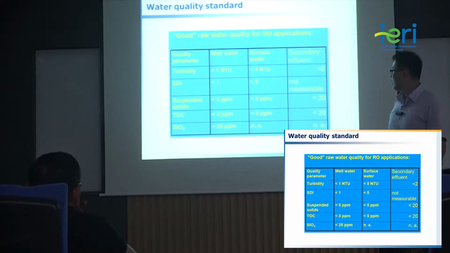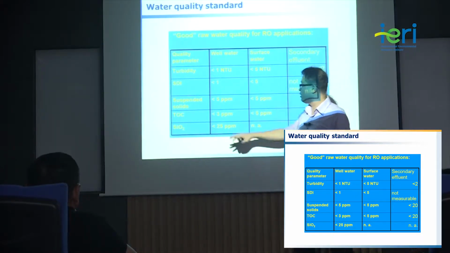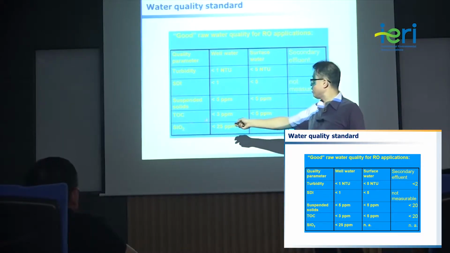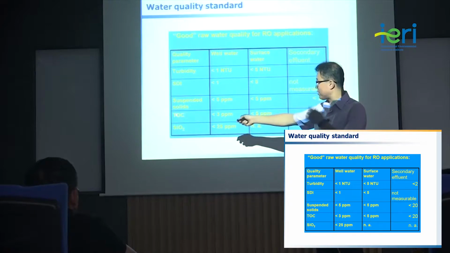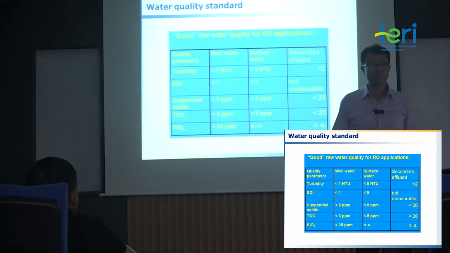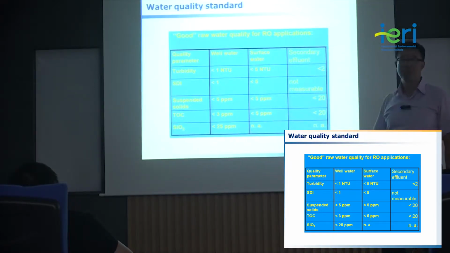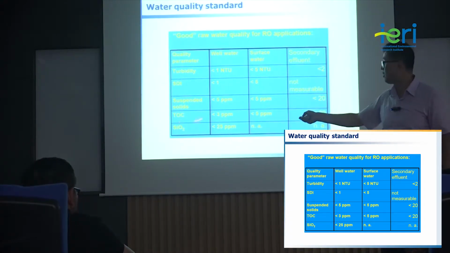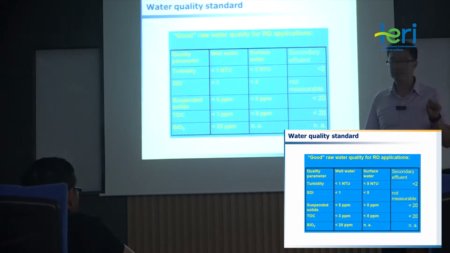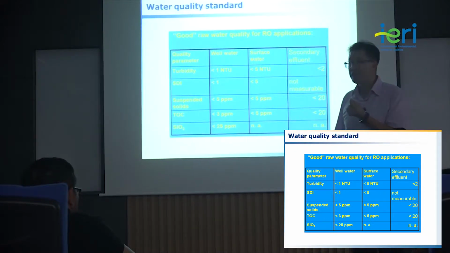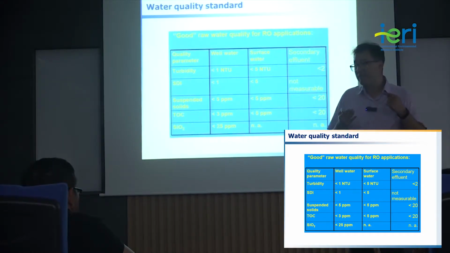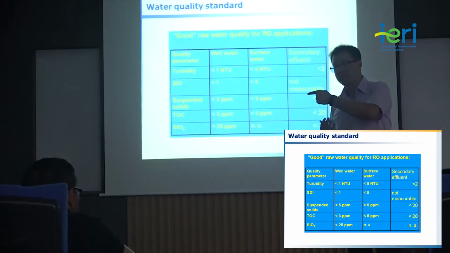And these days we are looking at TOC as another important parameter, but there's no specific standard for TOC concentration. This means organic matter concentration. This organic matter cannot be filtered by the media filter in the pretreatment step, so it can move directly to the reverse osmosis membrane.